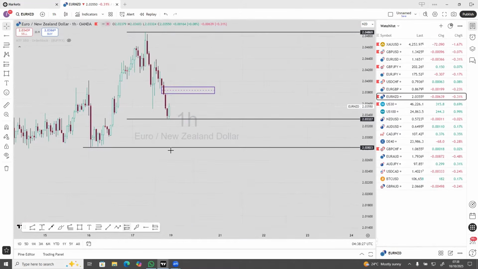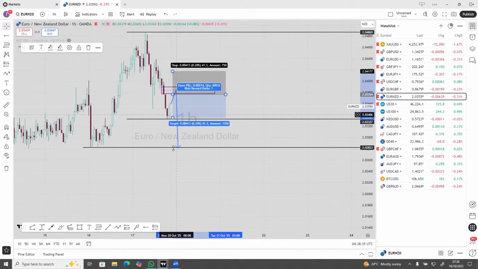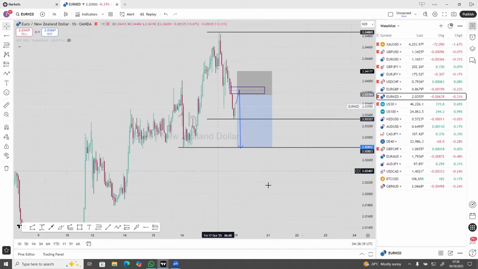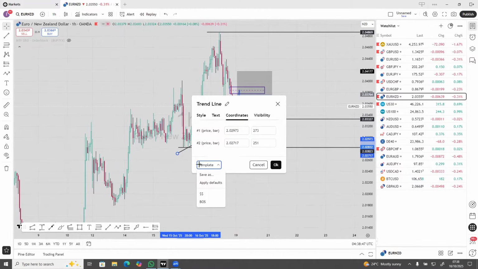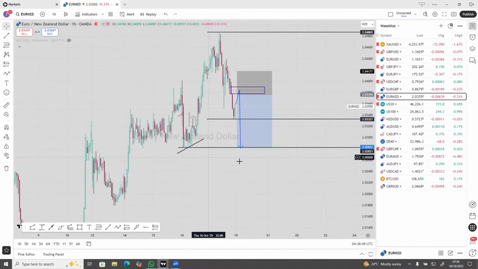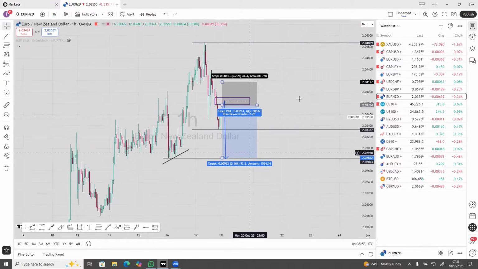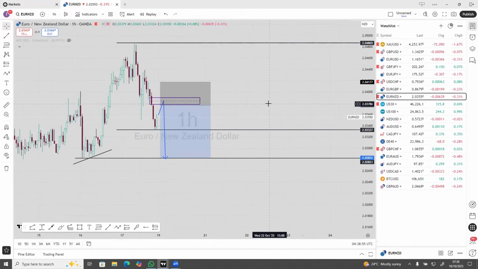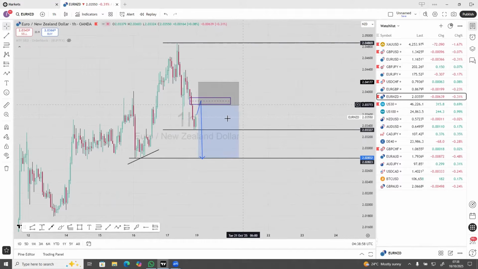So for the entry, you can wait for confirmation to sell from that FVG, and then your take profit will be on that daily CRT low. Also you can see there is a lot of liquidity over here, so it is a good area to place your take profits. Okay, that is Euro NZD. Wait for confirmation to clear that market.